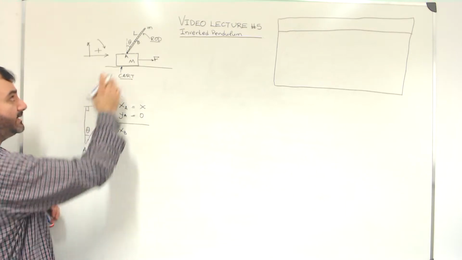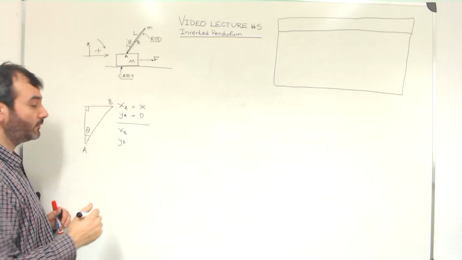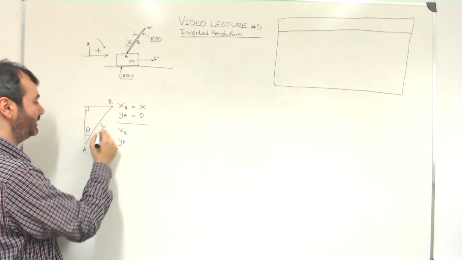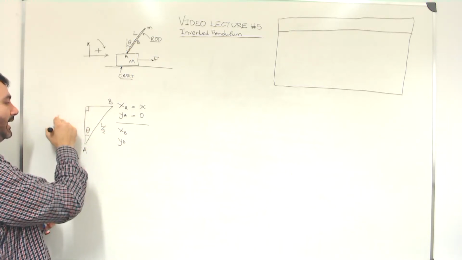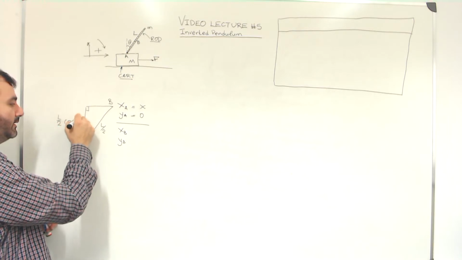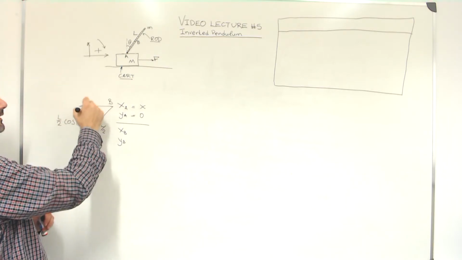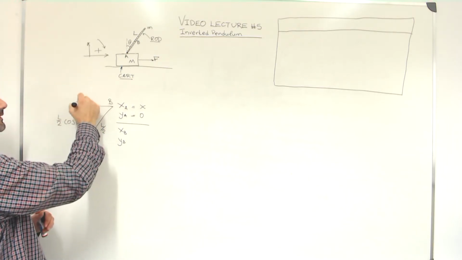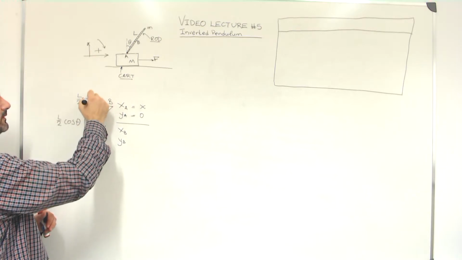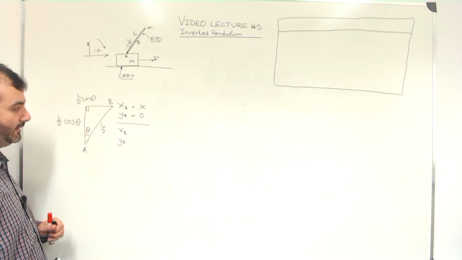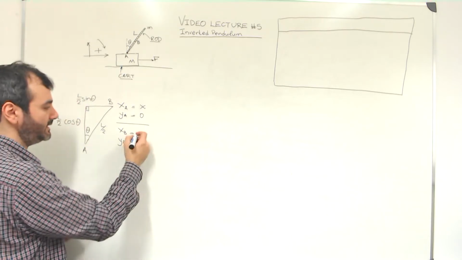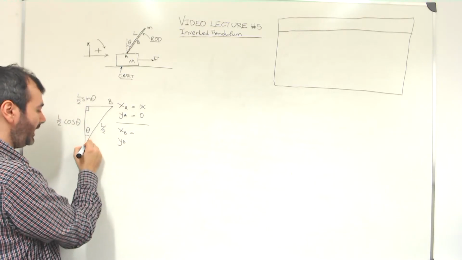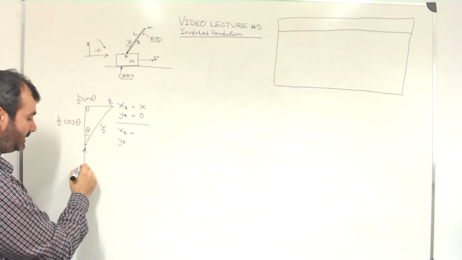From A to B is just half of the length of the rod, so it is L half. And this side, which touches angle theta, is L half times cosine theta, whereas this side is L half sine theta.